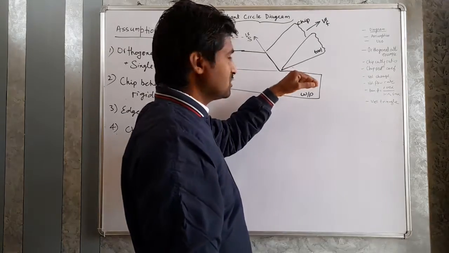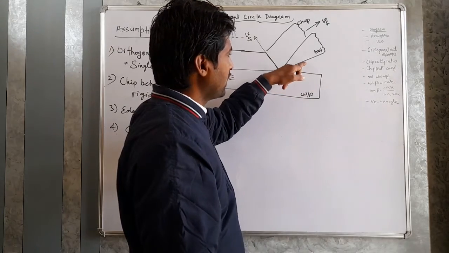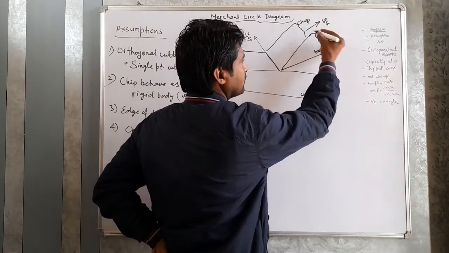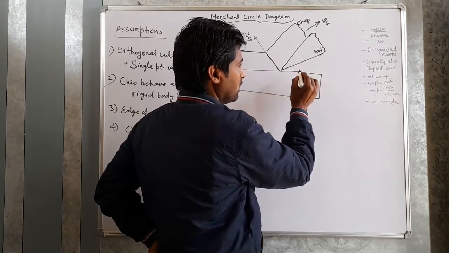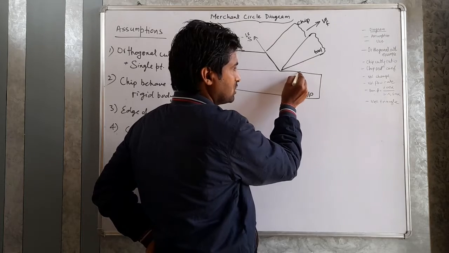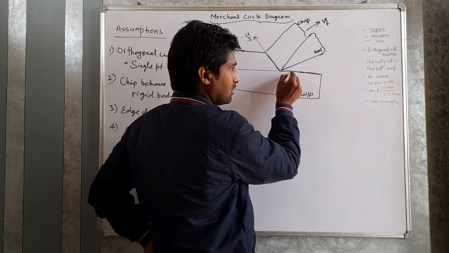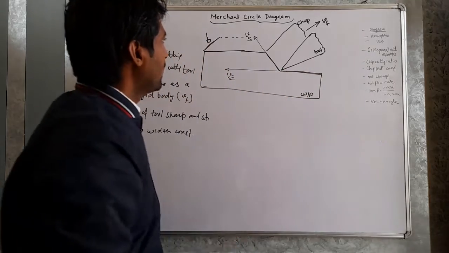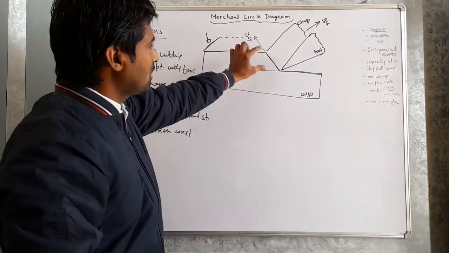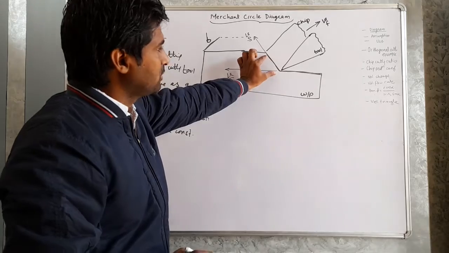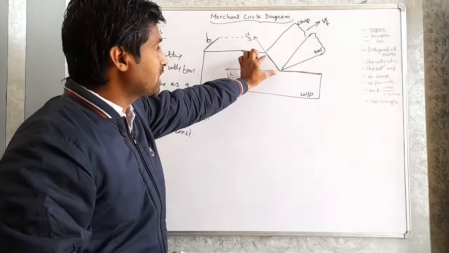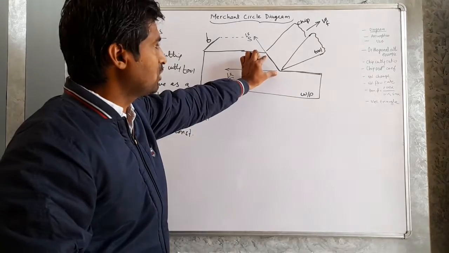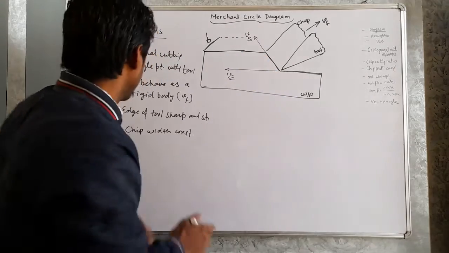One assumption was also that this is the flank surface of the tool and this is the rake surface. So the flank surface will not touch the machined surface. And at this shear plane, the stress at the shear plane will be the maximum stress and it remains constant.